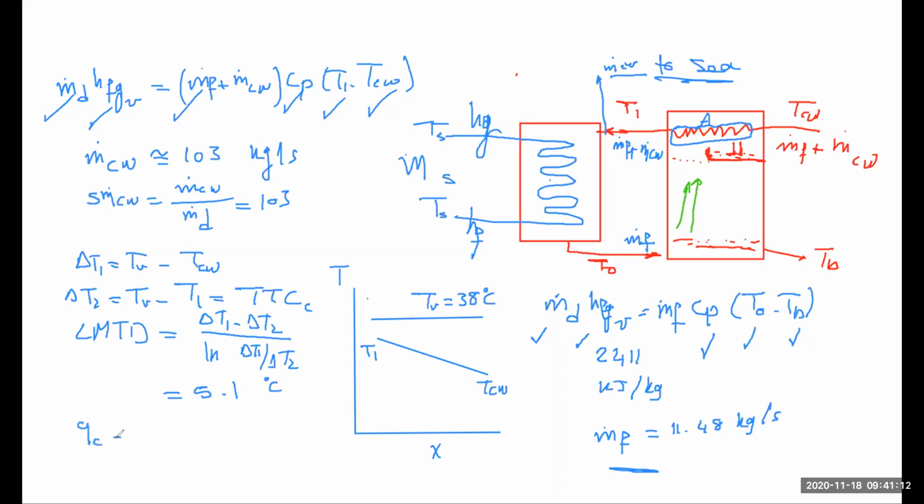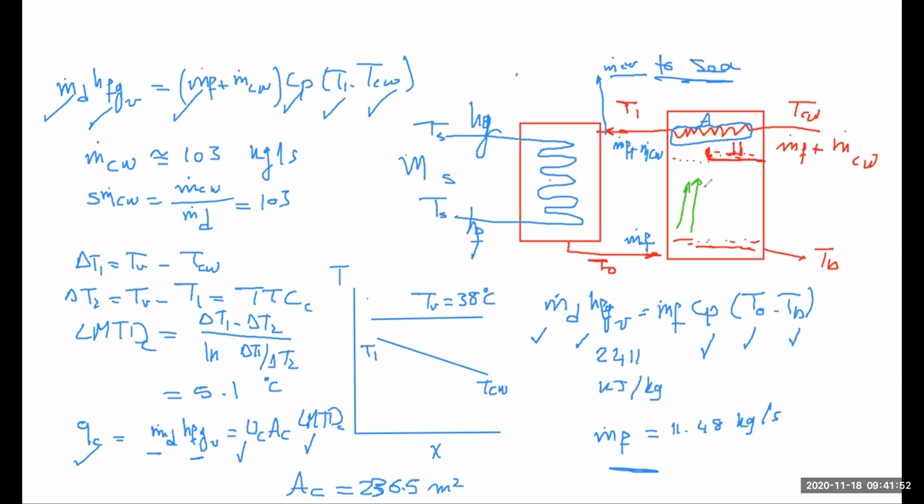Q in the cold side, which is m dot distillate into HFG of the vapor, is going to be in balance with the overall heat transfer coefficient, given as 2, times area times the log mean temperature difference of the cold side. We know Q already because we know these quantities. U is given, we calculated the log mean temperature difference, so the area is going to be 236.5 meters square.